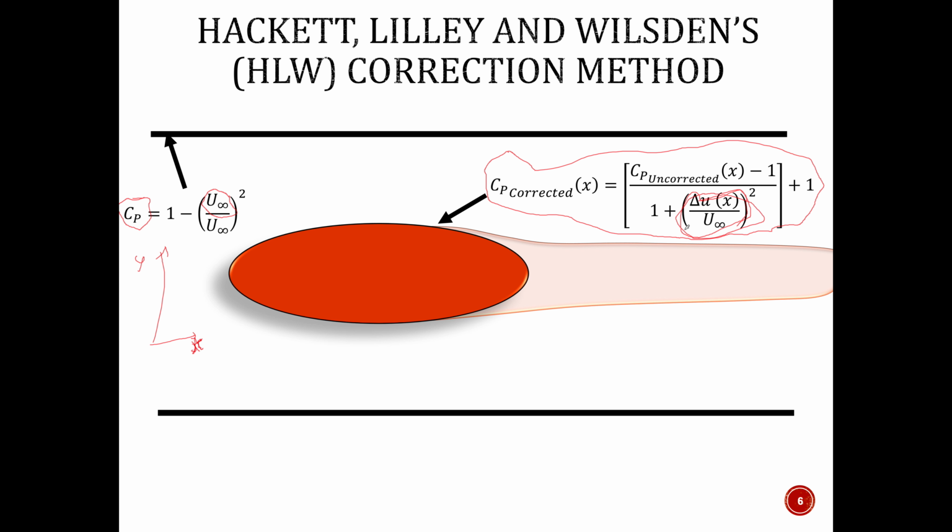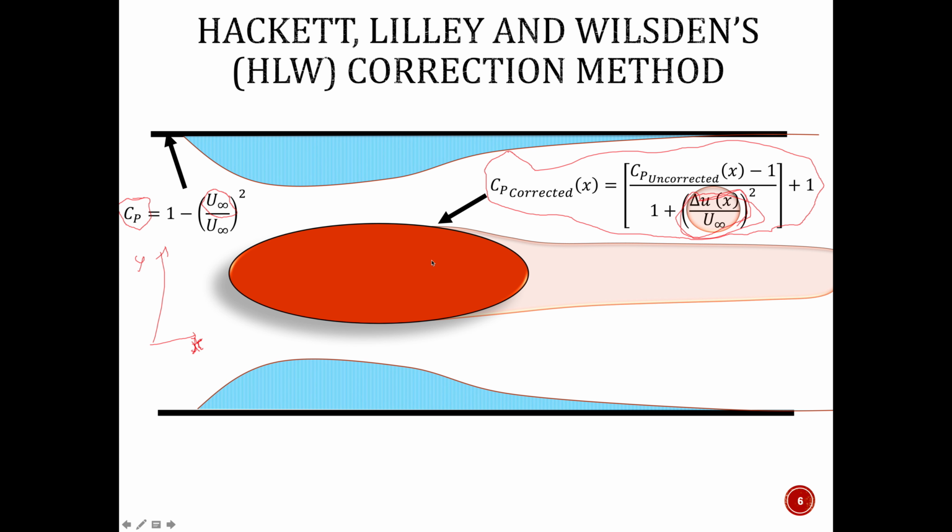Let's think about it. How can we actually get that variation? How can we understand the increment in velocity? That's why we look at tunnel wall measurements. When you have the model, there will be a change in coefficient of pressure across the tunnel walls due to the object being there, and that is indicative of what the increment in velocity is.